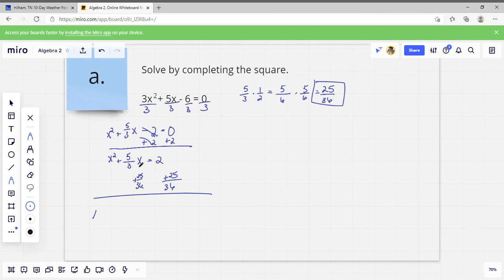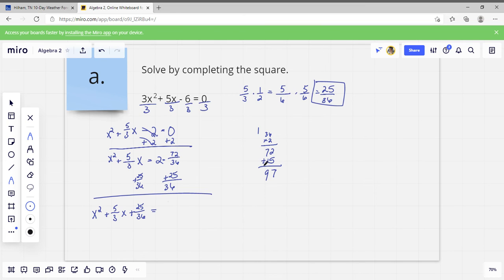All right, and we get x squared plus 5/3 x plus 25 over 36 equals, all right, so now we got to make those into 36s. So 36 times 2, 72. Add 72 plus 25.